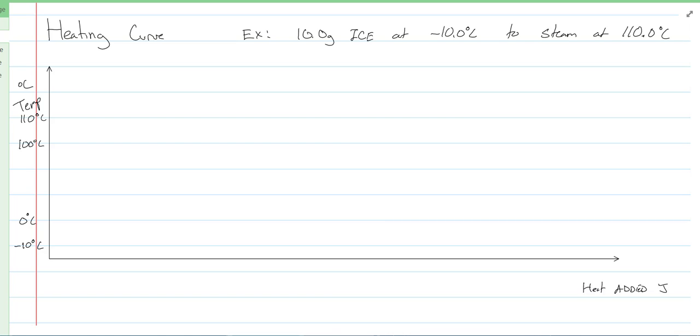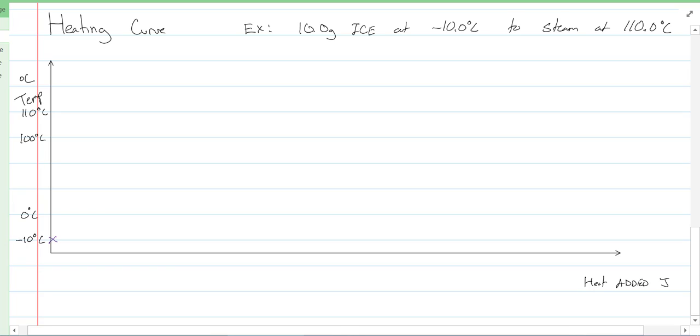We start with ice right here, with 0 heat at negative 10. It quickly rises up to 0. Once it's at 0, it melts, and it'll melt at 0. And then once it melts, it warms up to 100.